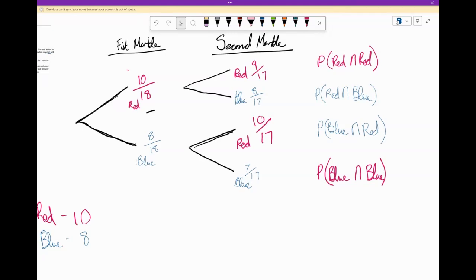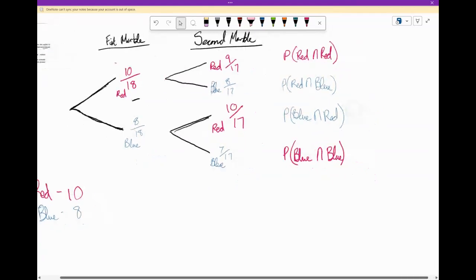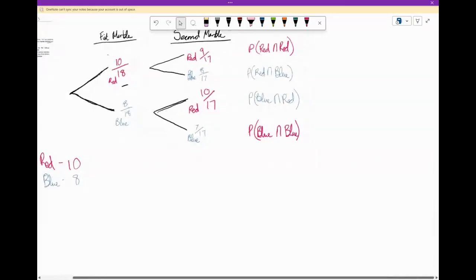So in order to actually calculate these probabilities, and we'll just calculate these probabilities, then we'll take a break. We're basically saying for the first one, 10 over 18 times 9 over 17. Second one, I should have just done all of them in a different color actually, but it's fine. 2, we are saying 10 over 18 times 8 over 17.